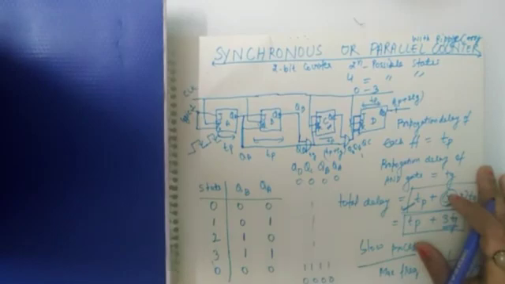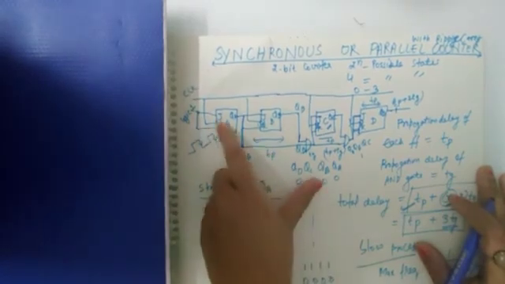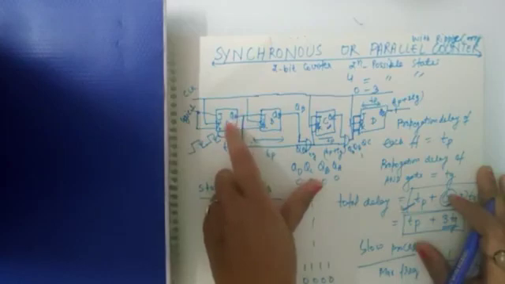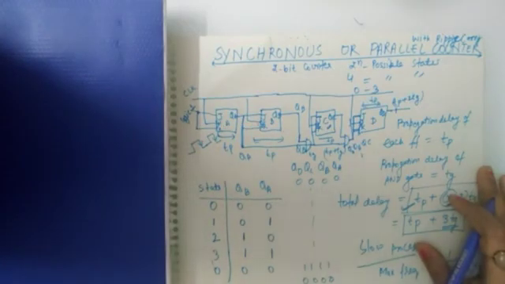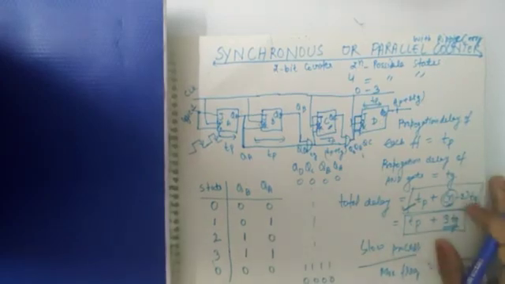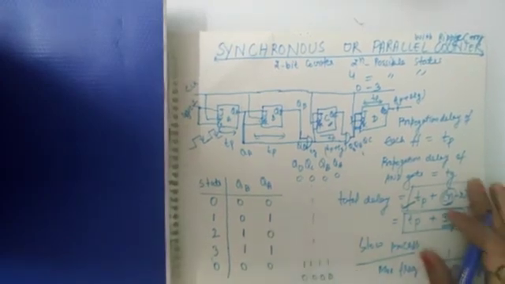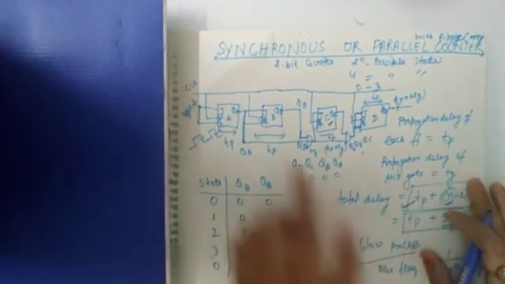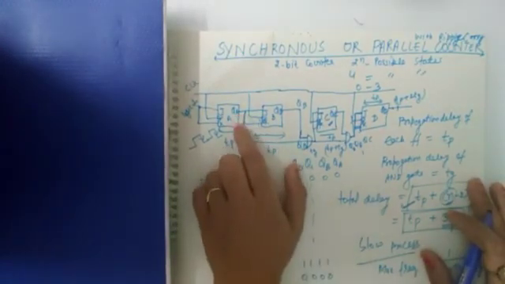So always keep in mind, for down counting there is a slight change. For negative triggered flip-flops, you have to give the output from QA bar instead of QA. No other changes for a down counter. So this is the example of a synchronous up counter with ripple carry. I will not give another video for down counting. There is only a slight change: just change the output from QA to QA bar.